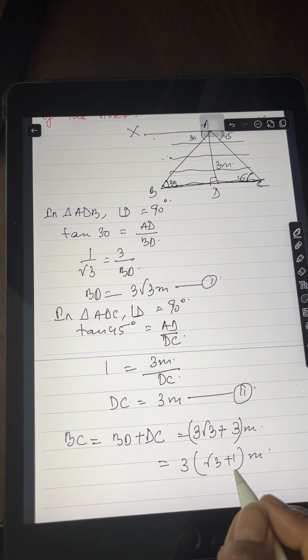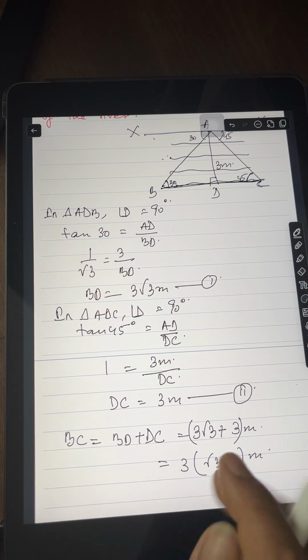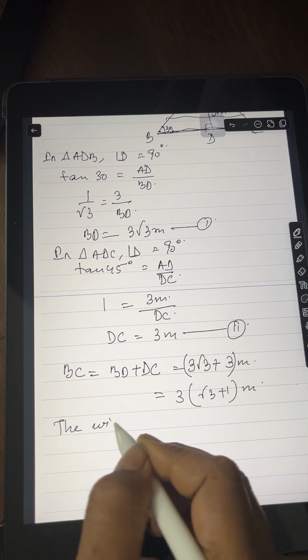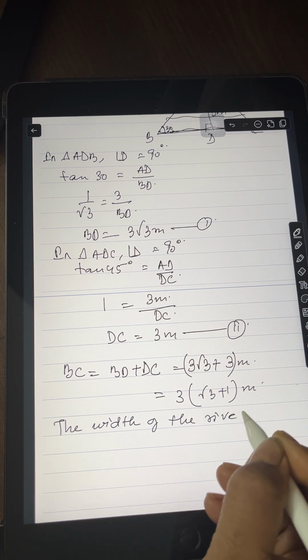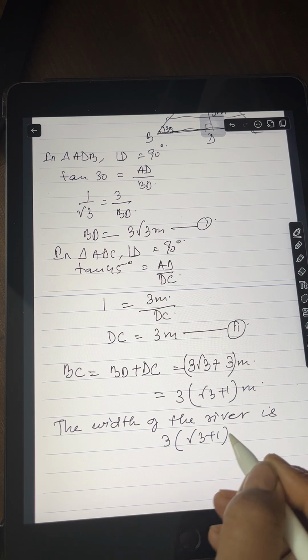Let me check, 3 into root 3 plus 1. Okay, done. So the width of the river is 3 into root 3 plus 1 meter.